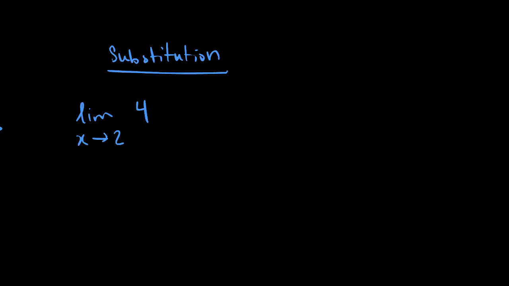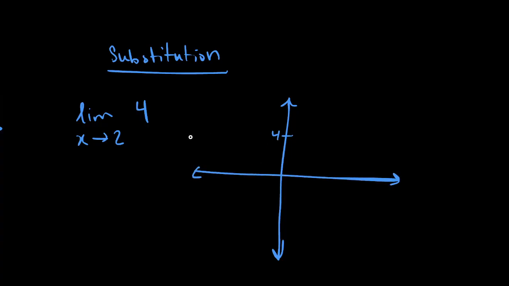All right. Well, what is this function representing here? We just have 4. Well, the graph of this function, if we were to try to draw this graph out, would just be a horizontal line at 4. So it's just one straight horizontal line going through the value of 4, and this just continues.